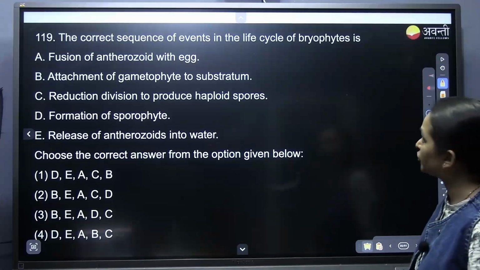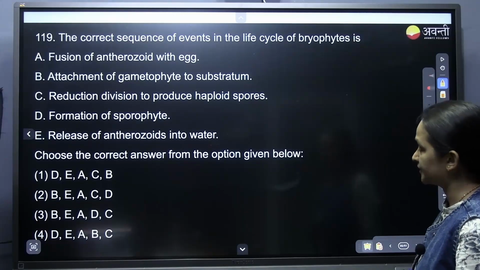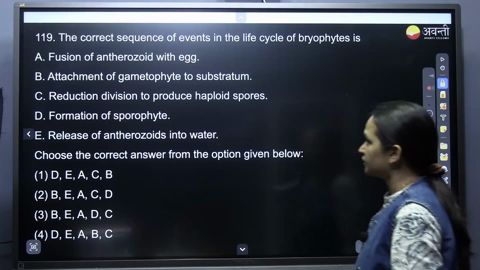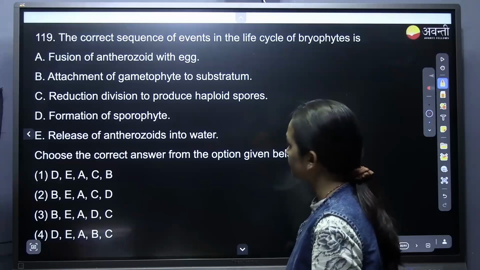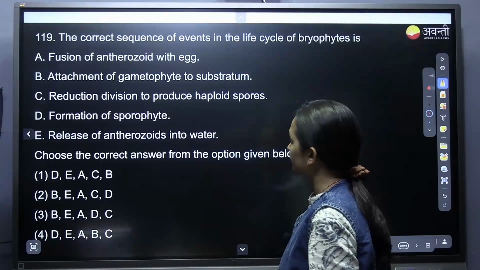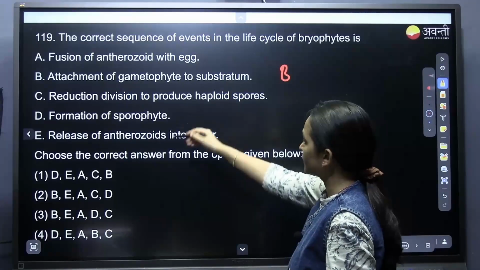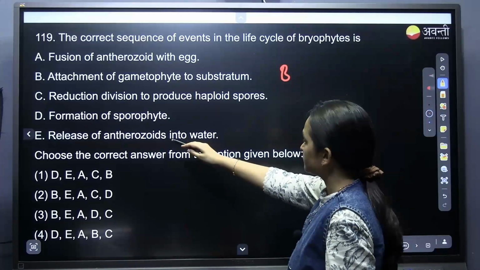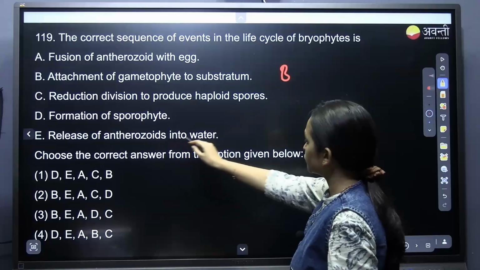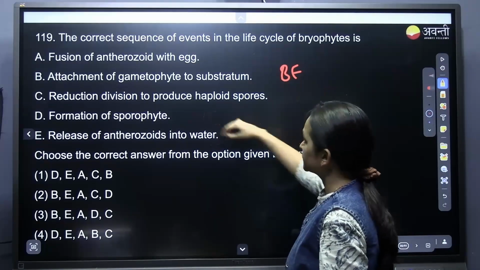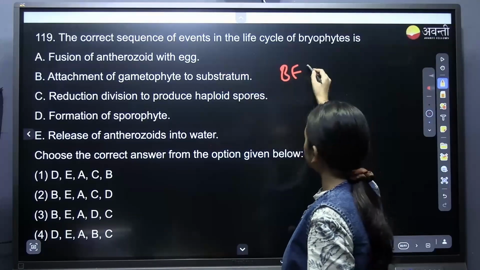The correct sequence of events in the life cycle of bryophyte. We need to find the correct sequence. Fusion of antherozoid. B, attachment of gametophyte to the substratum. Release of antherozoid into the water. After it releases, it fuses.